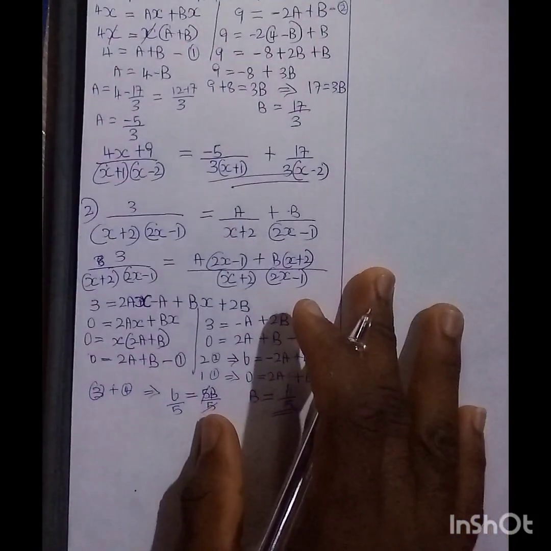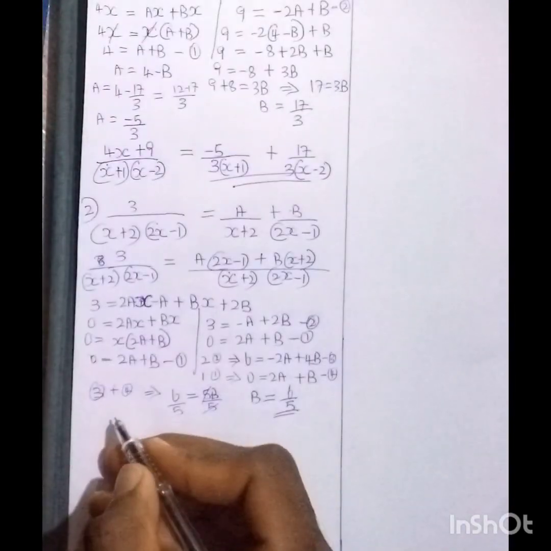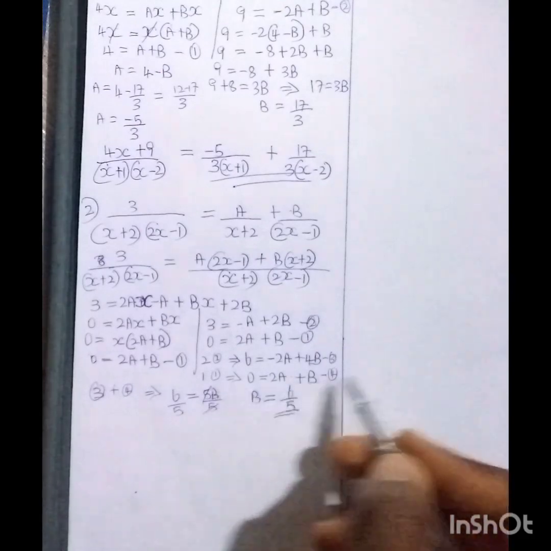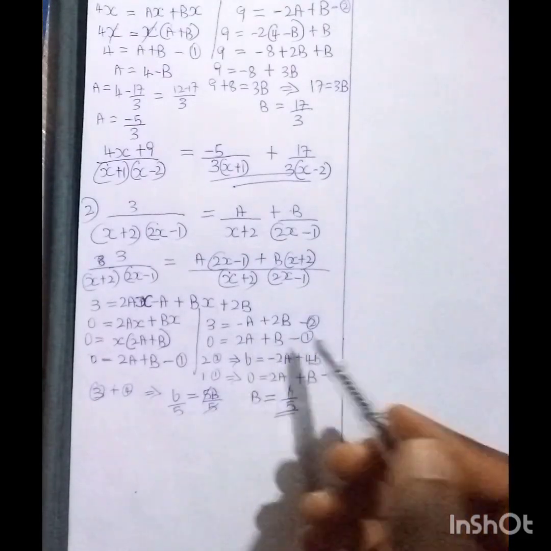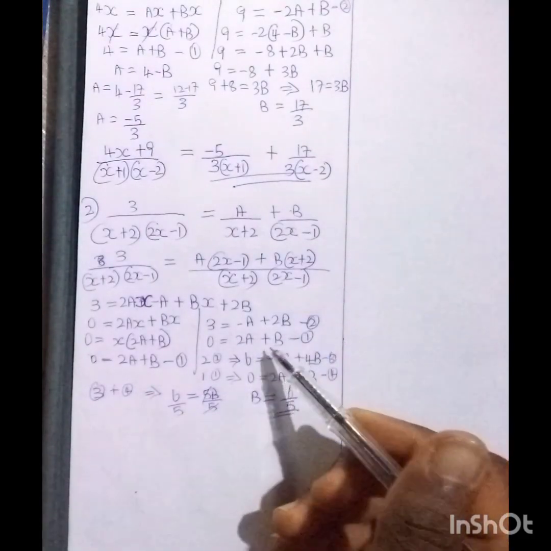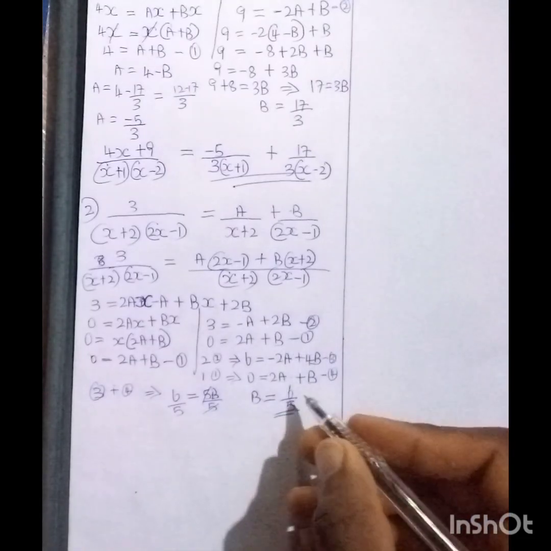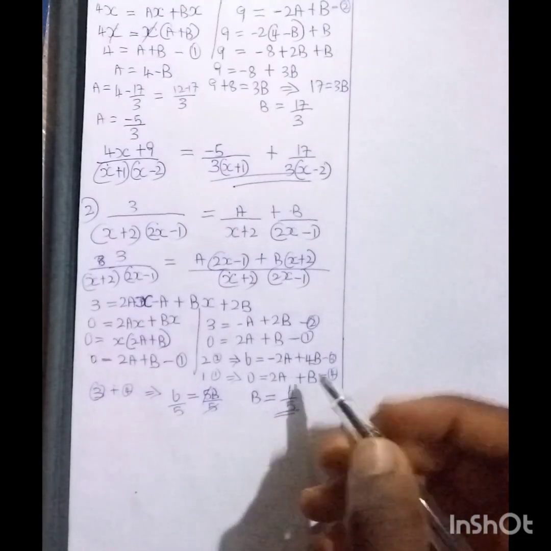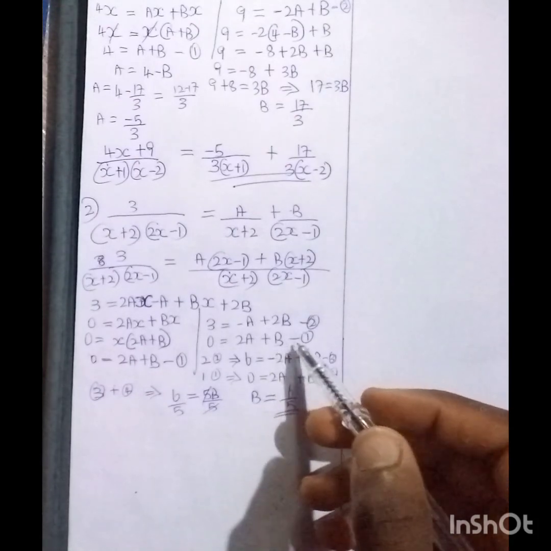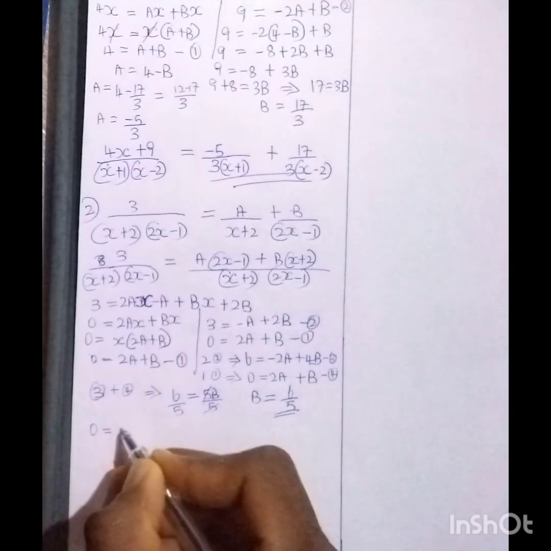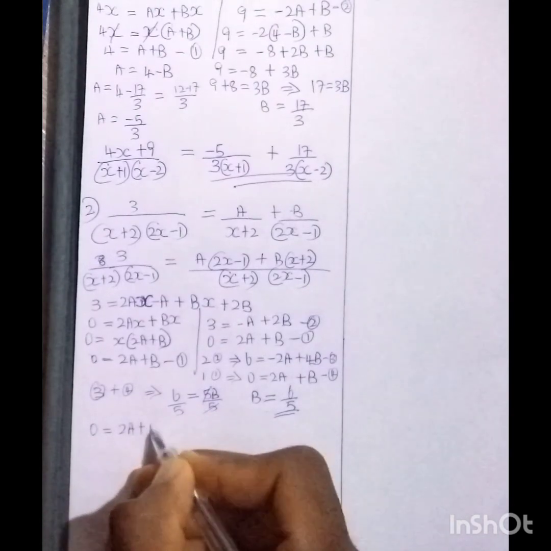So we get a. To get a now, let's use equation 1. 0 is equal to 2a plus b.